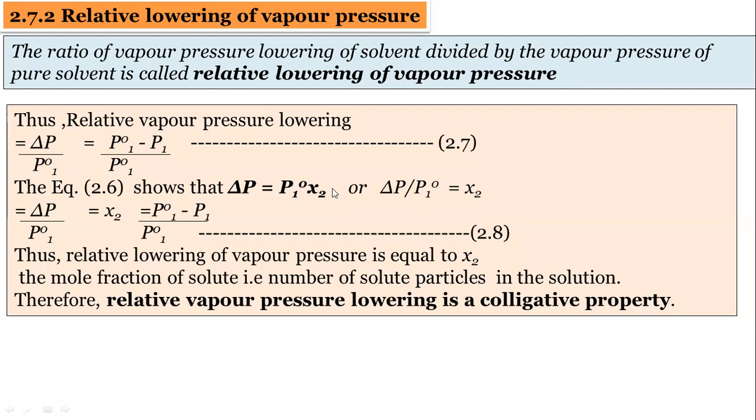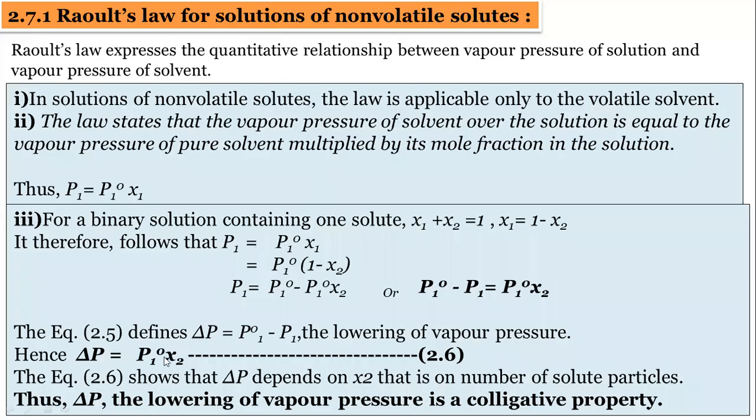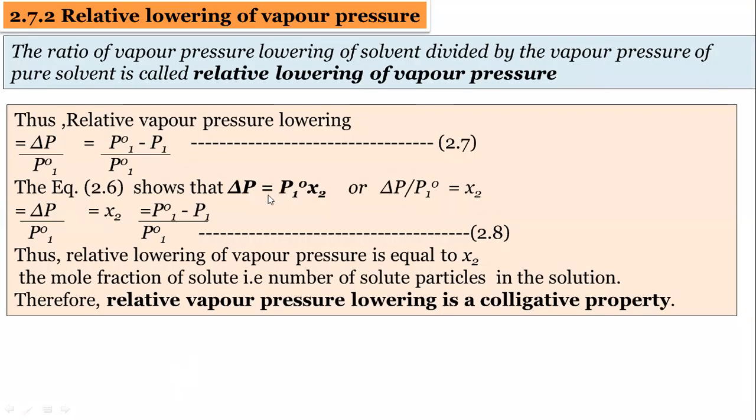This equation is the relative lowering of vapor pressure, but according to Raoult's law, delta P is equal to P01 into X2. We just derived this equation, from Raoult's law. So if this P01 is divided, it comes to this side, delta P upon P01 is equal to X2.